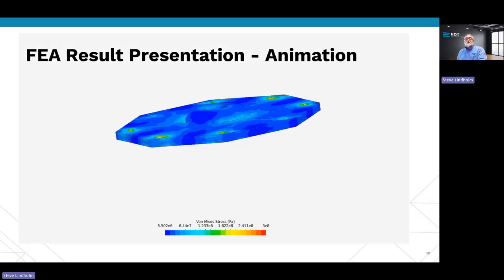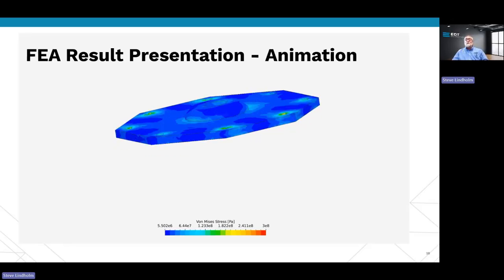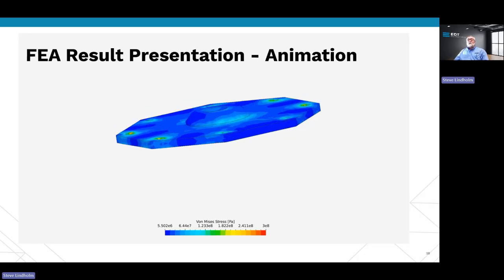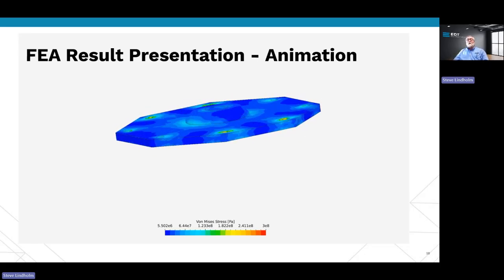Animation takes the visual clues a step further. Animation is especially useful for periodic or harmonic loading situations, where the stresses, strains, velocities, or accelerations can be overlaid on the deflected shape.